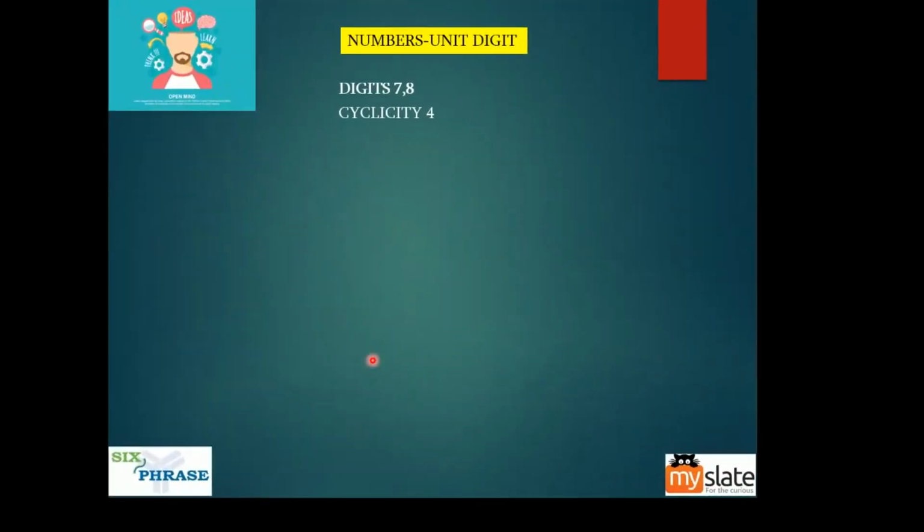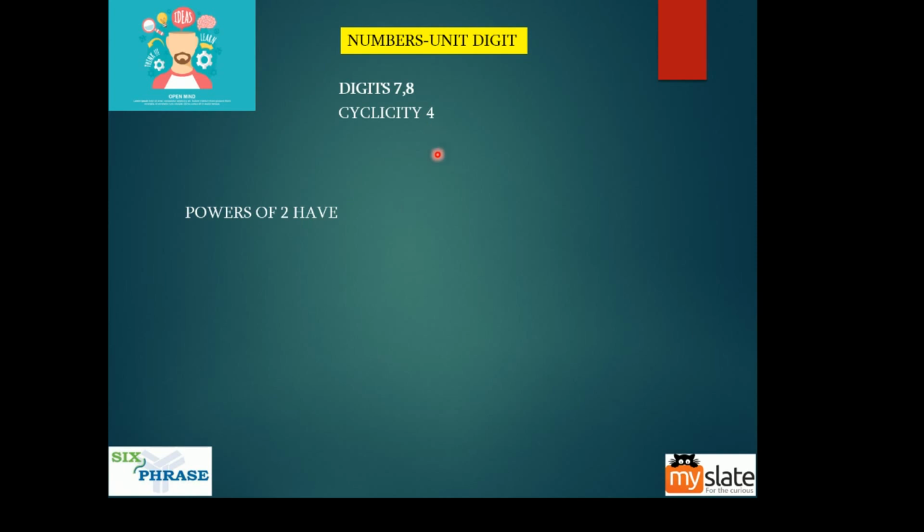Now for 7 and 8, we have to look at powers of 2 again. I'll tell you why it is so. For 7 and 8, the cyclicity is 4, which is the same as 2 and 3. For 2 and 3, you saw that the cyclicity is 4, right? So for 7 and 8, the cyclicity is again 4.